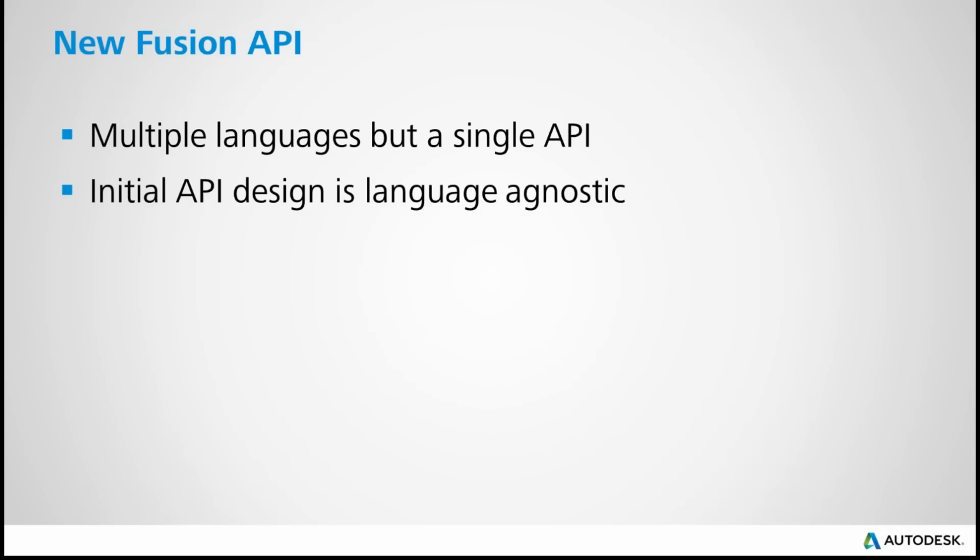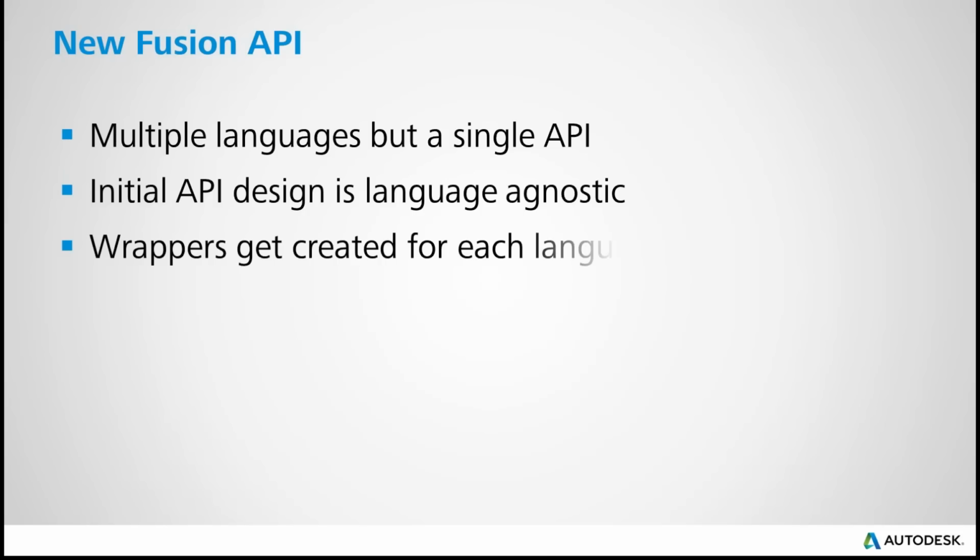It's not specific to C++ or Python or JavaScript. I just design the API by saying, here's an object, and here's methods on it, and what are the arguments for that method. Here's a property. So I just define what the API will look like, and then a process looks at my design and automatically creates the internal code to support that, and wrappers get built for each language.